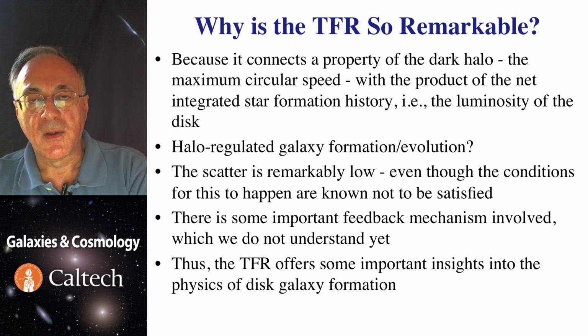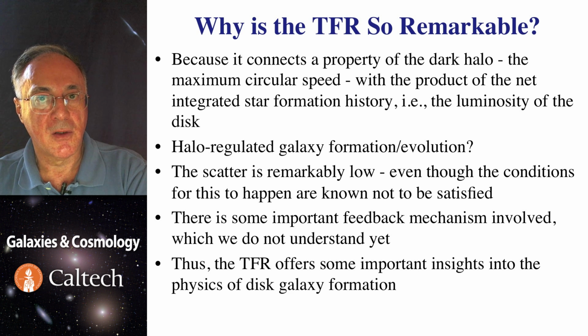That in itself is interesting, but even more interesting is the small scatter, because we can think of any number of reasons why the scatter can increase: by changing ratios of dark matter to luminous matter, by tweaking star formation differently in different environments, by different kinds of merging and so on. Yet somehow, in the end, we end up with what's almost a perfect correlation.